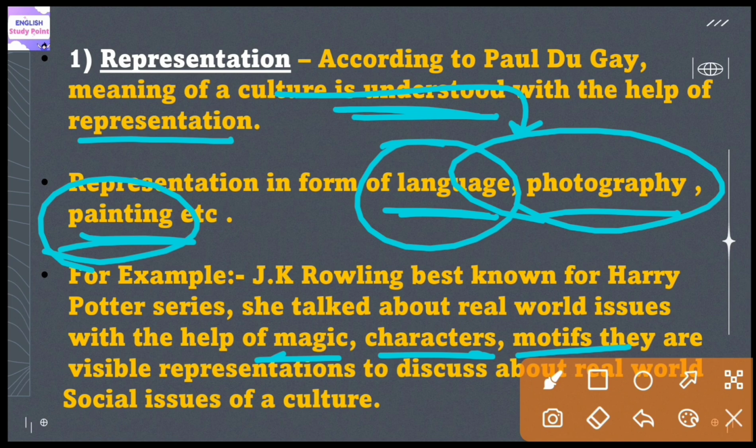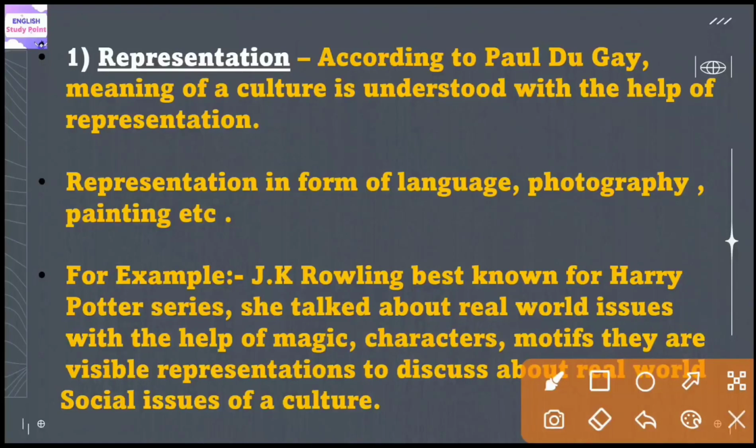By using magic and wizards, she wants to examine the representation of gender equality, race issues, slavery, child abuse, etc. And also in this same series of Harry Potter, she uses various groups and religious ideas that are represented, but they are one step ahead from true representation, because real world issues are showcased through magic, and also these characters and motifs in this series serve as symbols to give commentary on real world social issues.